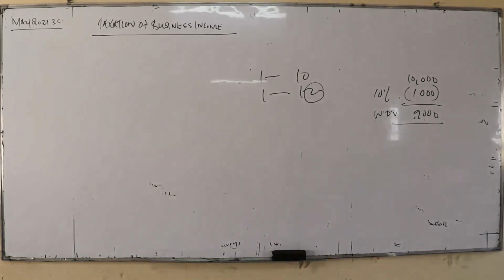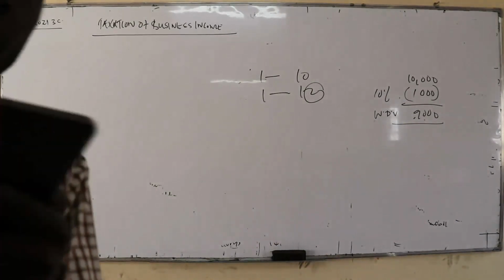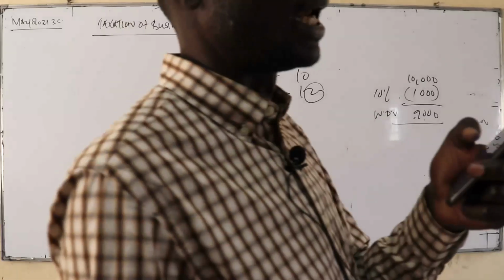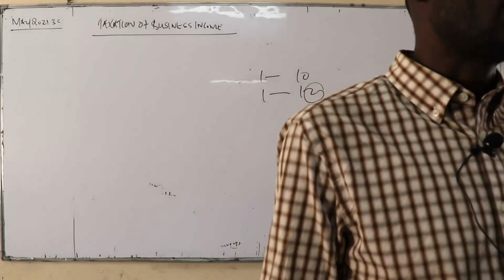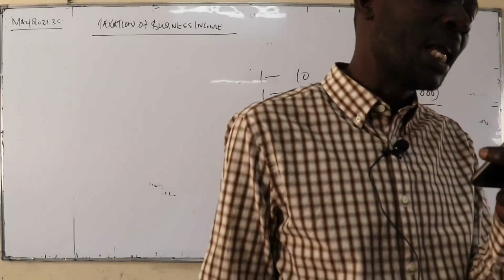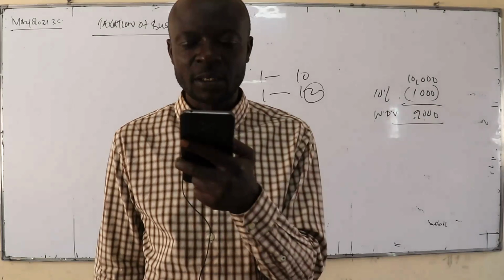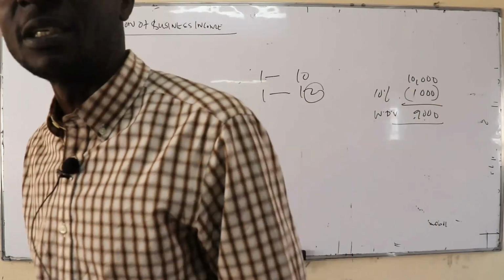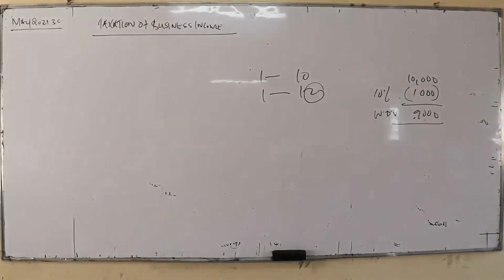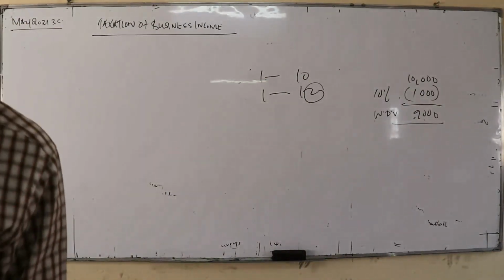Then there is what we call bad debts recovered, which were previously written off and allowed. So sometimes you write off some debts. When you sell on credit, some debtors are not complying in terms of payment. You decide to write it off. You don't inform them that you've written it off, isn't it? When you write off a debt, you don't become emotional and you write very bad letters.